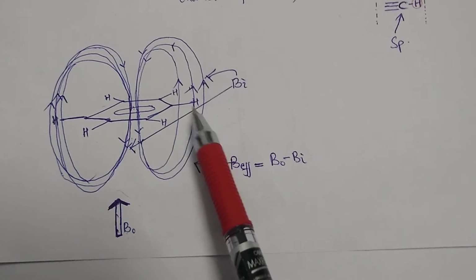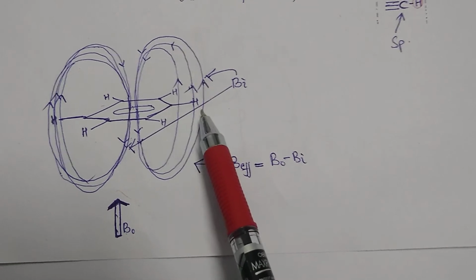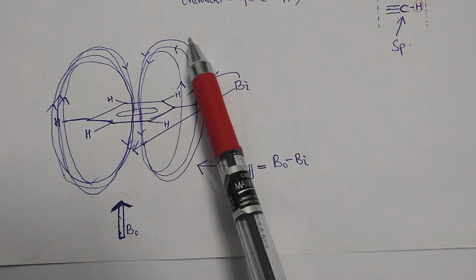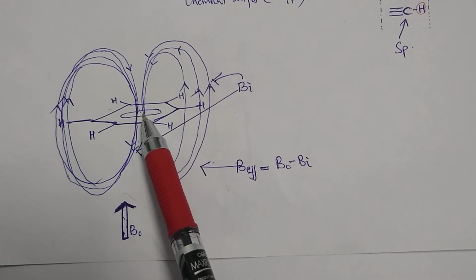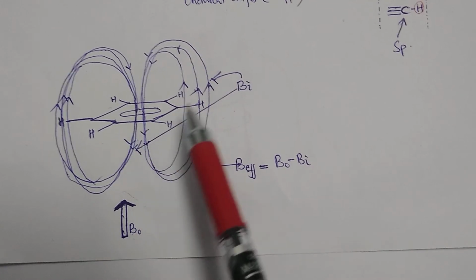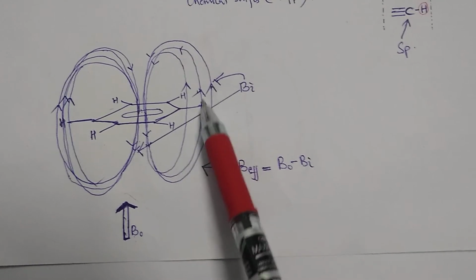Hence, if this proton resonates at higher frequency, then we can say this region is paramagnetic, and once it completes the loop, this region is called diamagnetic, since it is opposing. So this is the diamagnetic region, and the region outside of the benzene ring is called the paramagnetic region.